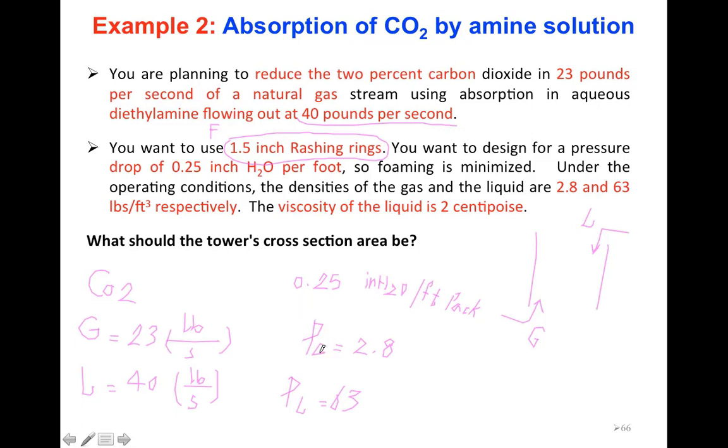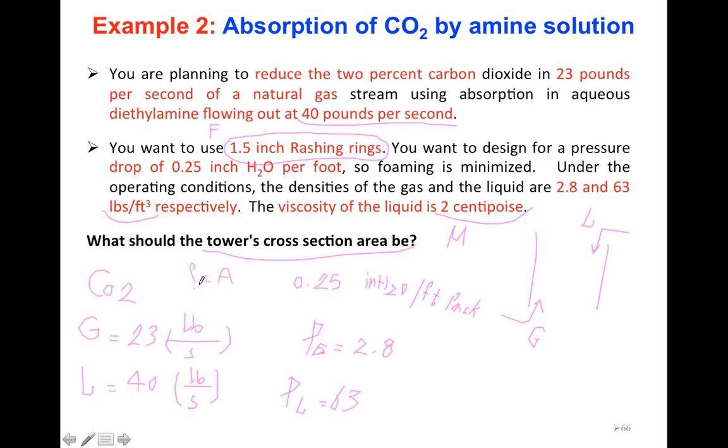Density of gas rho G, density of liquid rho L, all in pounds per cubic foot. The viscosity is also given. This is the viscosity. So what is the cross-sectional area or diameter to be used?